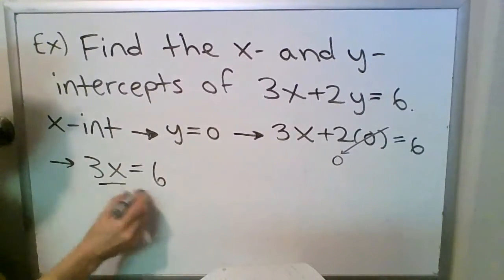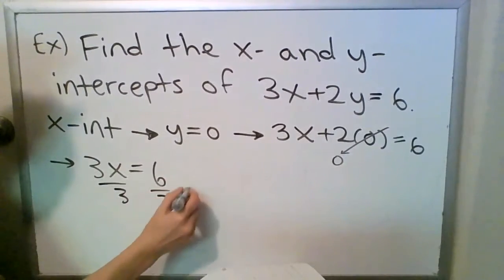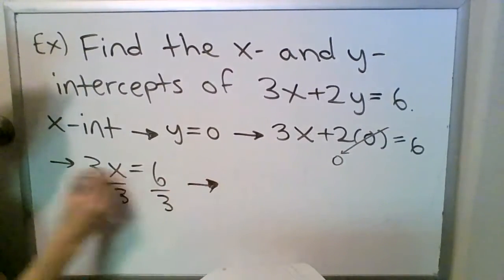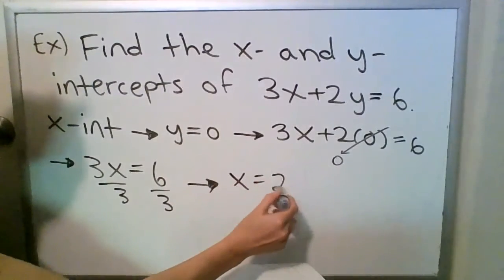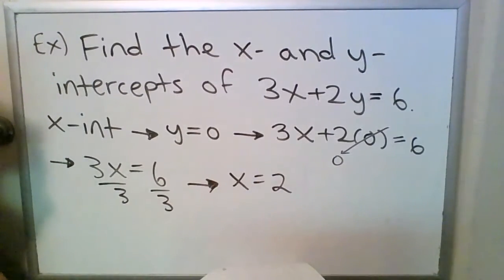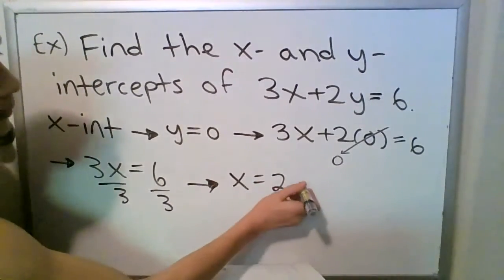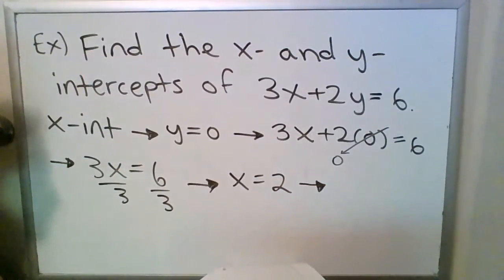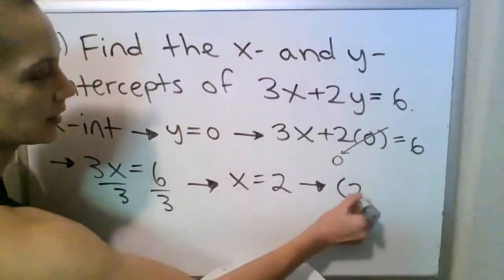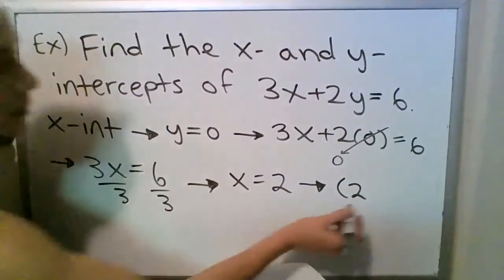Divide both sides by 3. x is equal to 2. And then I would probably ask for this solution to be written as a point, x first, and y equal to 0.